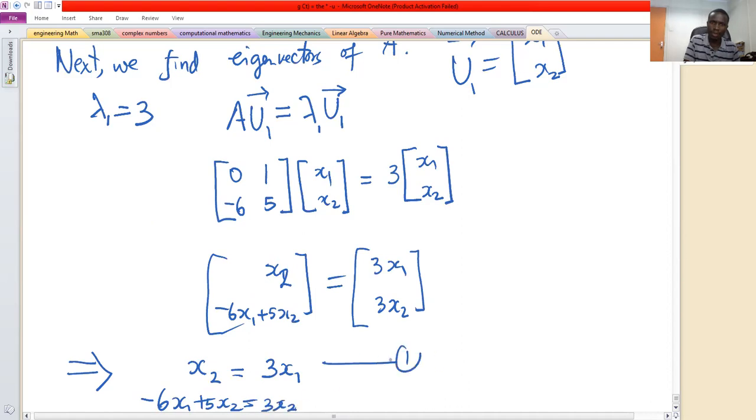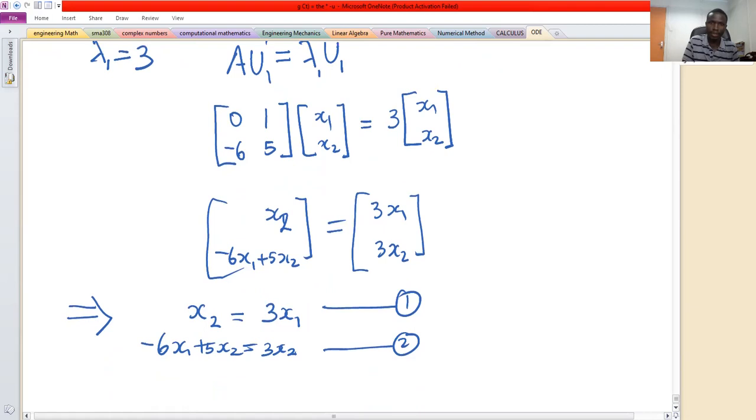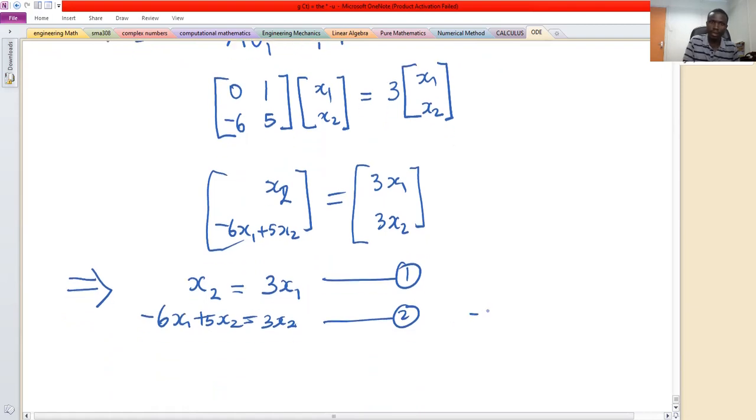So this is equation 1 and this is equation 2. Check that equation 1 and equation 2 are the same, because this means minus 6x1 equals minus 2x2. So x2 is simply 3x1.